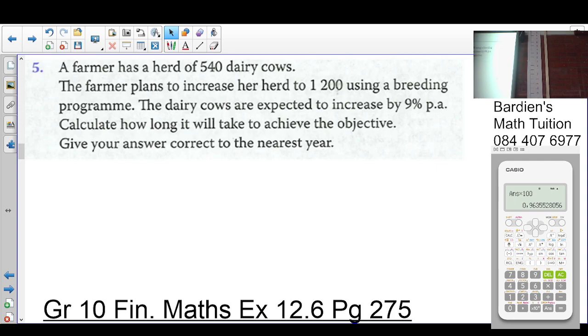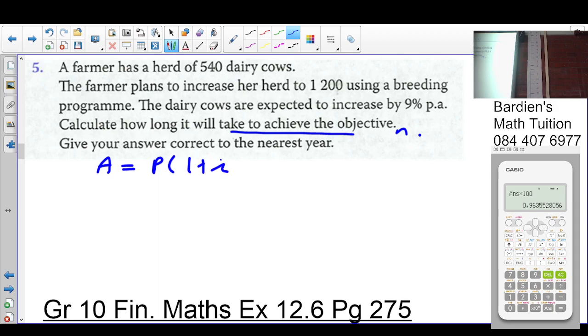What are we calculating here? N, if your answer is correct to the nearest year. So what formula do we use? Compound formula. A is equal to P into 1 plus I to the exponent N. What's your A value? She wants 1,200 at the end of the program.